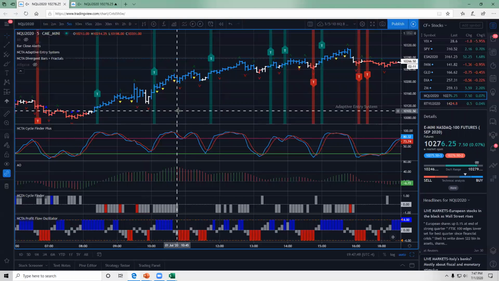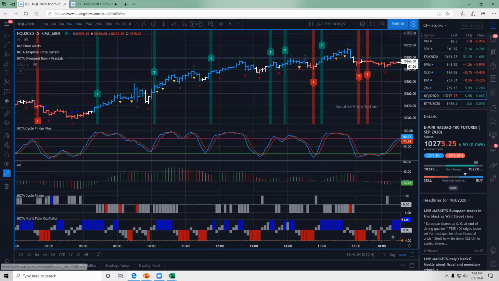We have a question asking, do you have a mobile app or only a desktop app? I'm not sure if you're referring to our charts. If you're referring to the charts, these indicators utilize TradingView's platform. TradingView has a desktop version, which is web browser based. You just access all of their charts through any web browser, PC, Mac, doesn't matter.